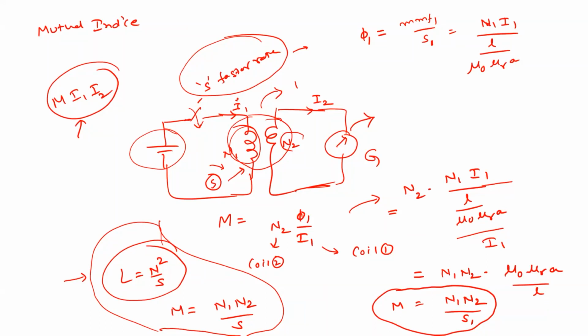Now the thing is, if these two coils are placed at different distances, what is the result? I'm drawing here.